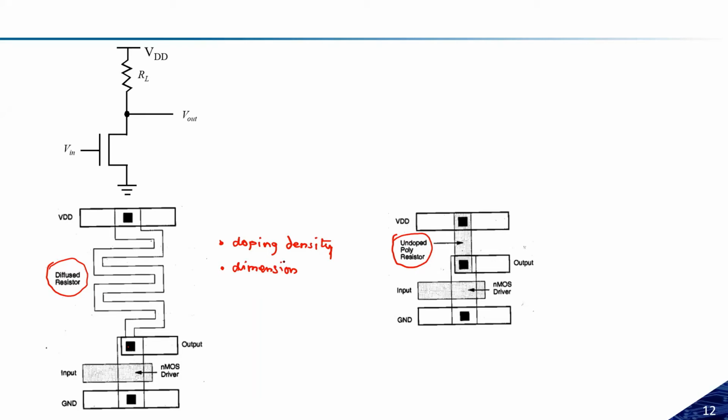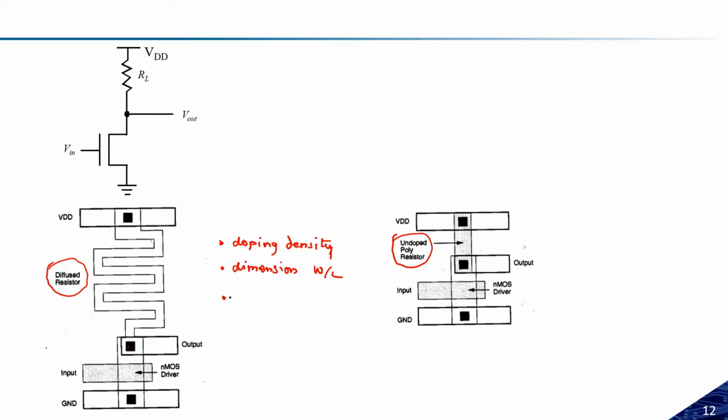Dimension and doping density are the two important factors. Dimension means nothing but the W by L ratio.